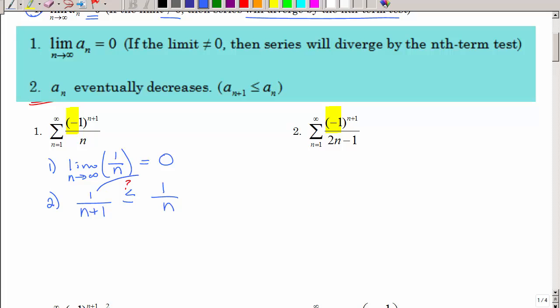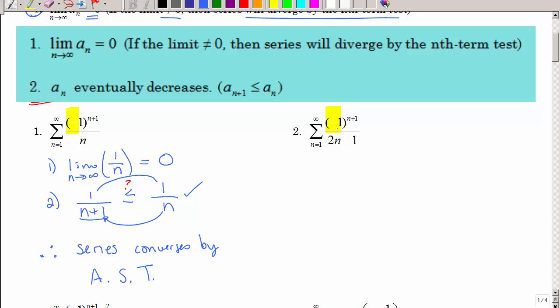Well, since the numerator is the same and this denominator is bigger, when you have a bigger denominator, you have a smaller fraction, so that's true as well. Don't need to take the derivative, very obvious. So we can just say, therefore, this series converges by the alternating series test. So show 2 conditions, and you're done.